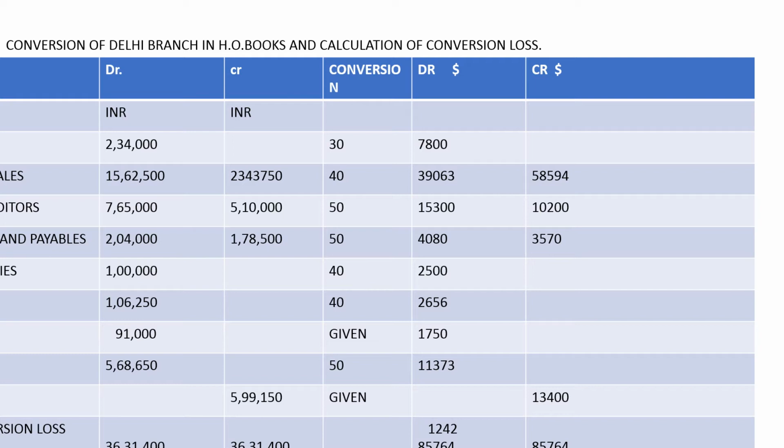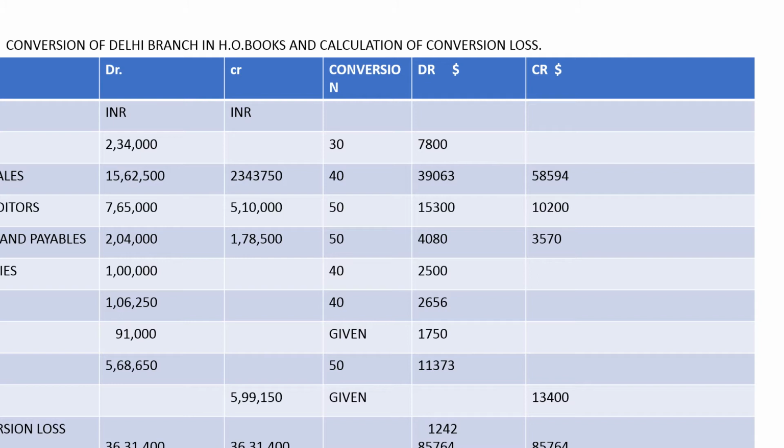The next is wages and salaries. Always remember, if it is starting with wages, you take to trading account. If it is starting with salaries, you take to profit and loss account. The wages and salaries are 1 lakh. Expenses are always converted at average rate, that is 40.